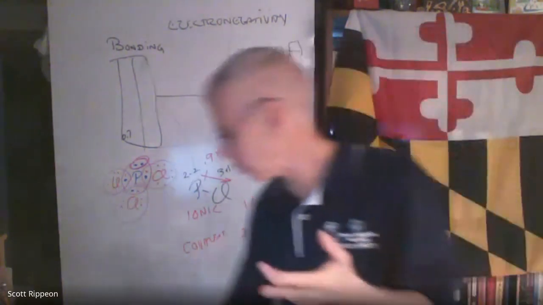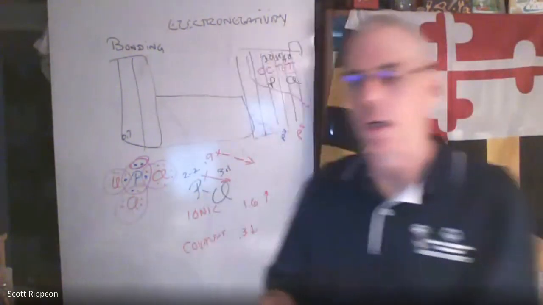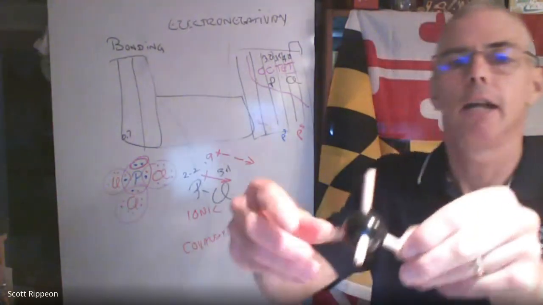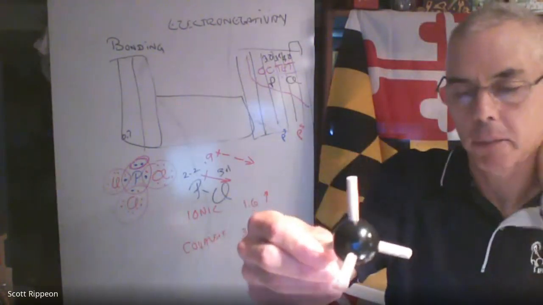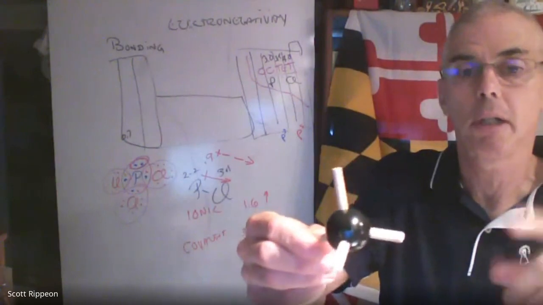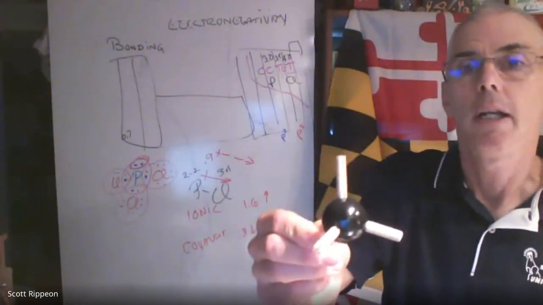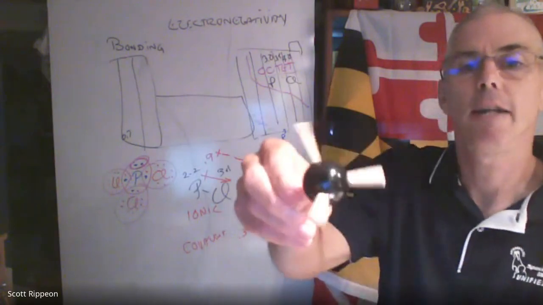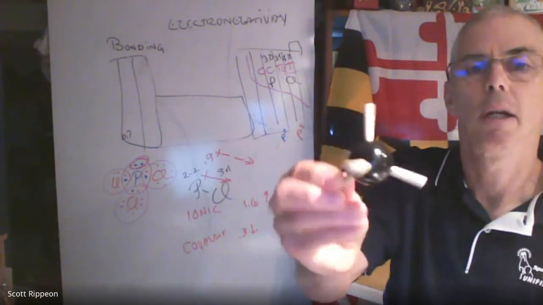In case that was all covered up by the sharing, since it's got 4 things around the central atom, I'm going to say this again, and I apologize. I'm doing this as much for the video, but it also helps you guys. Anytime you have 4 things around the central atom, it goes to a tetrahedral shape.